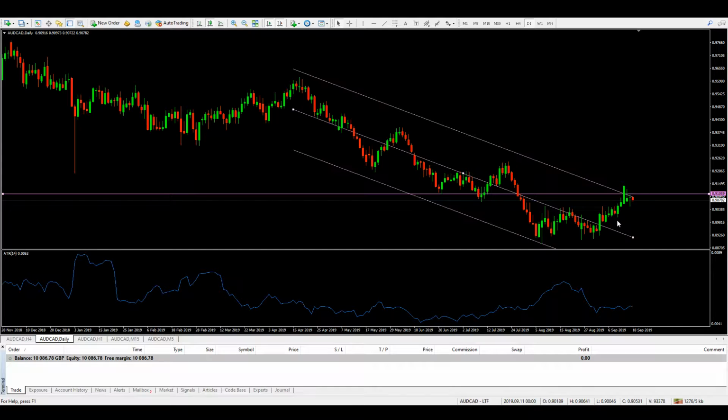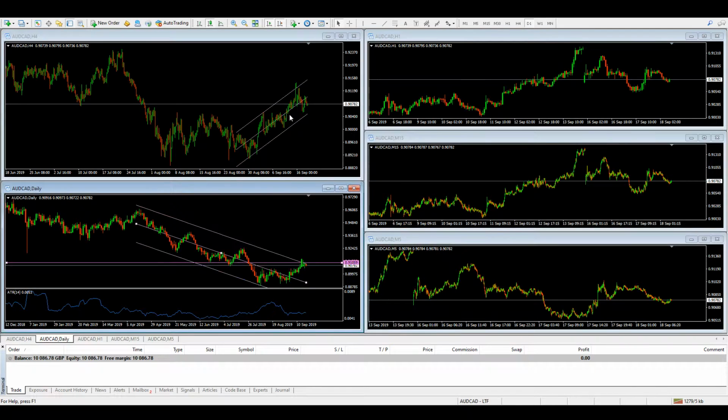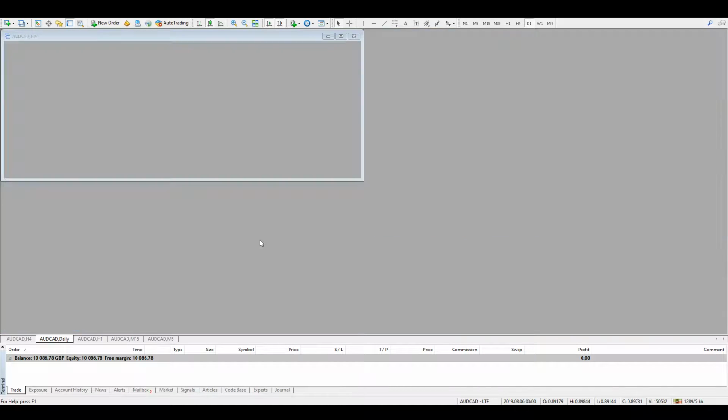So this has the potential to move lower, but the problem is that our lower time frames aren't all correlating at the moment to say the same thing as the daily. The 4 hourly is still representing this retrace that we saw on the daily, and this is quite bullish. The lower time frames here are starting to roll over, show lower lows, lower highs, but it's just not enough for me at the moment. I want all of these to be giving clear bearish signs before attempting to short this. So I'd pass on that one.